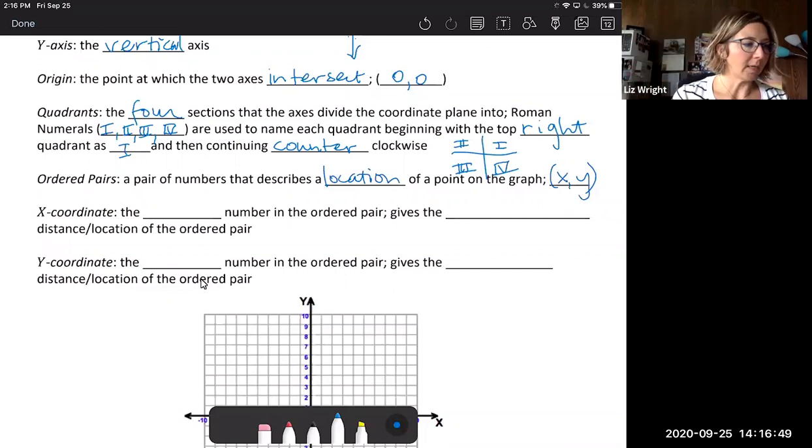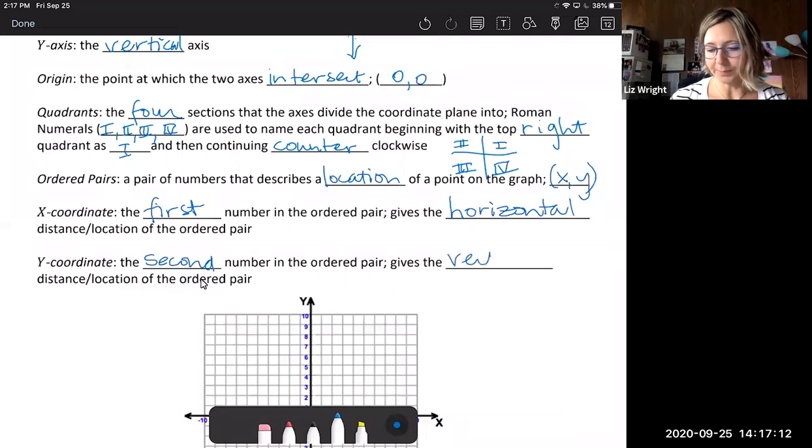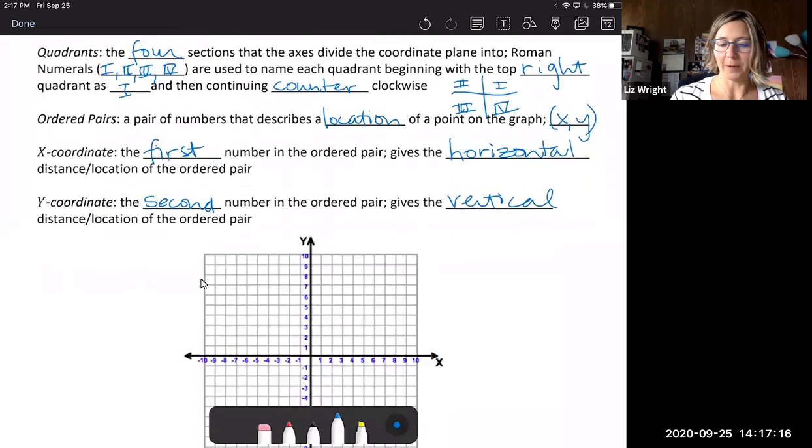The x coordinate is the first number in the ordered pair, and it gives you the horizontal distance or location of the ordered pair. And the y coordinate is the second number, and it gives you the vertical distance or location of the ordered pair.